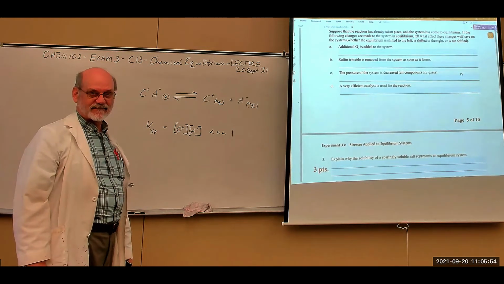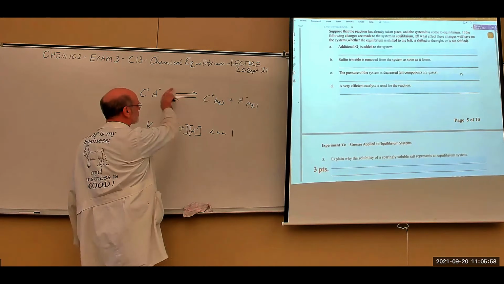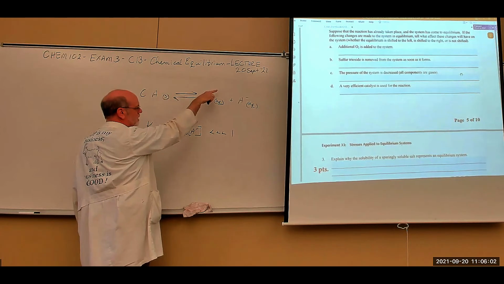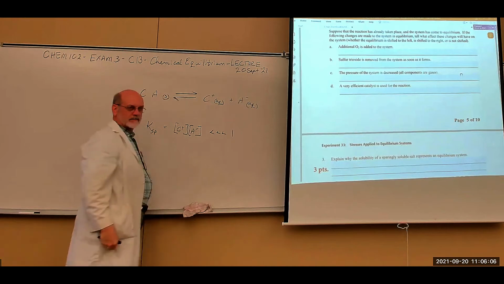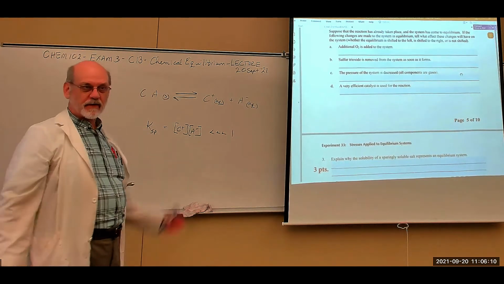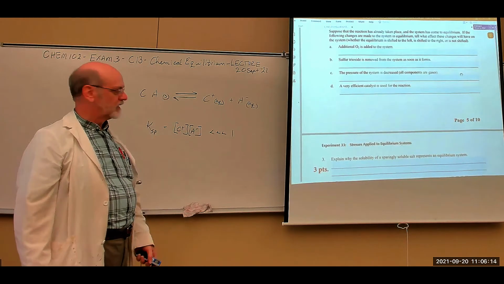Okay. I'll say that again. The rate of dissolution this way, the rate of dissolution here equals the rate of precipitation. That's equilibrium. If the forward and reverse rates are equal, we have equilibrium.